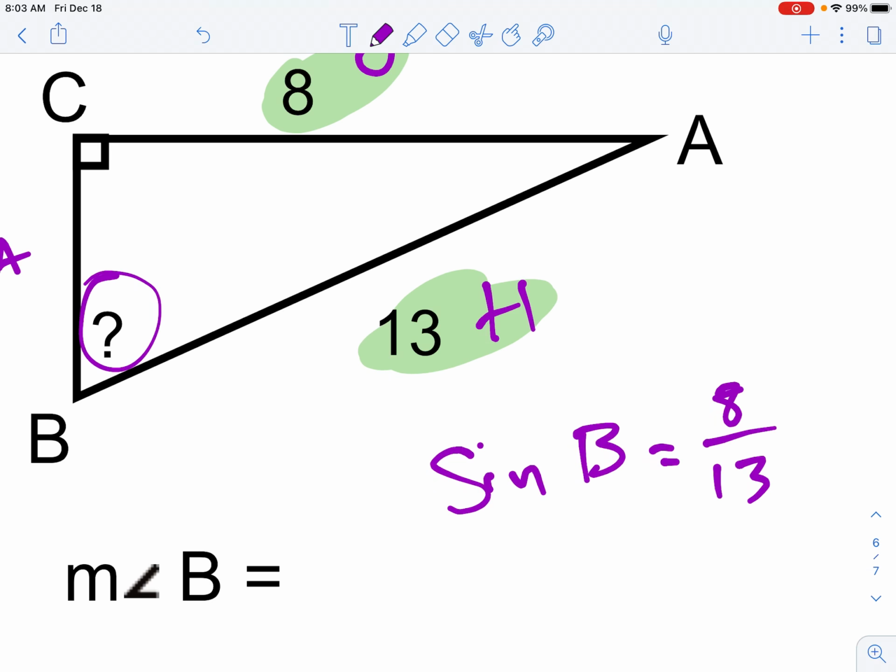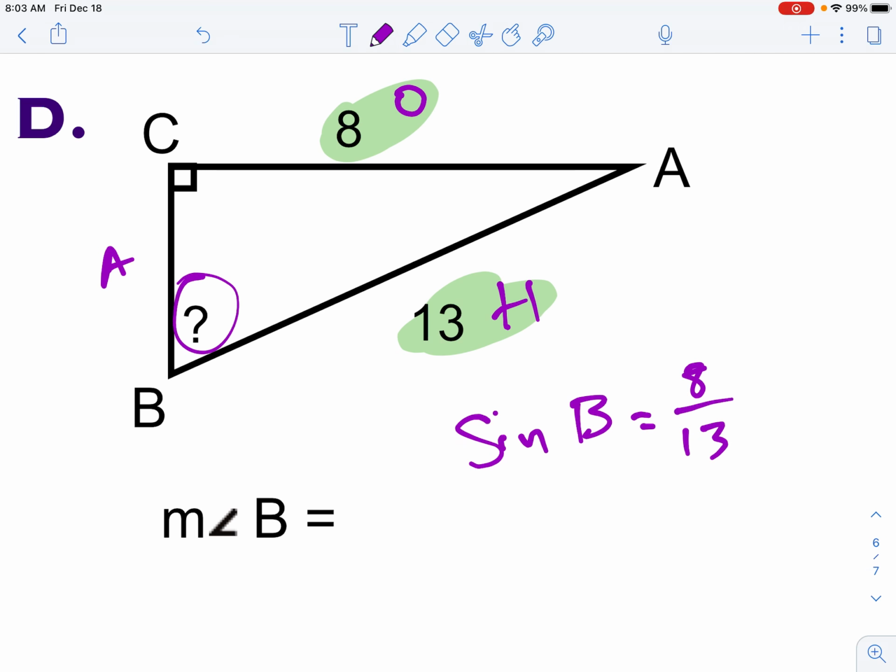Right? So we're just picking out the trig function. And now we want to solve for the angle, so what we're going to do is the sine inverse. All right, we would do the sine inverse on both sides. So we would say angle B is equal to the sine inverse of 8 over 13.